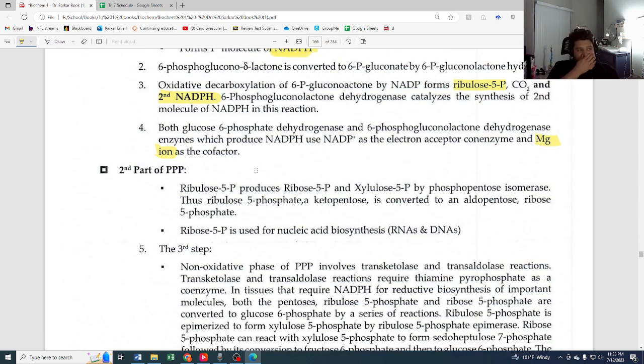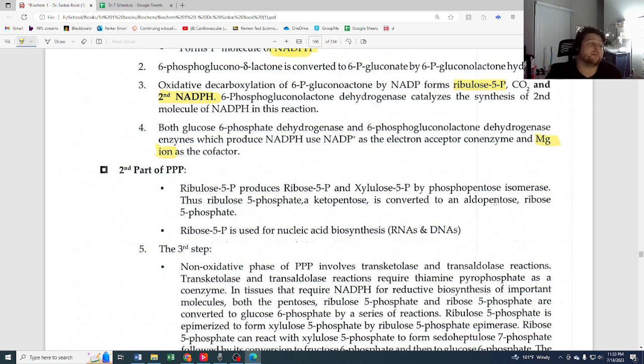Okay, the second part of the PPP is that the ribulose 5-phosphate produces ribose 5-phosphate and xylulose 5-phosphate by phosphopentose isomerase. Thus, the ribulose 5-phosphate, a ketopentose, is converted to an aldopentose, ribose 5-phosphate.